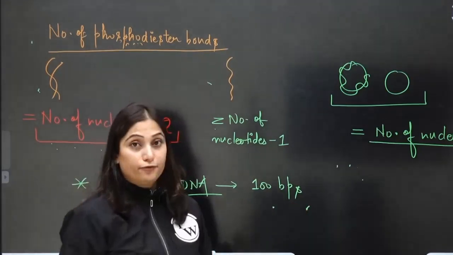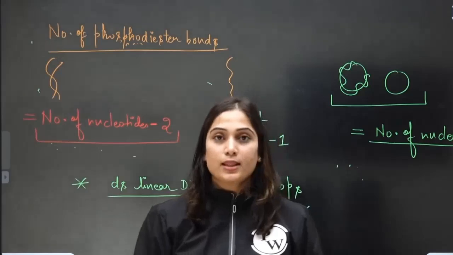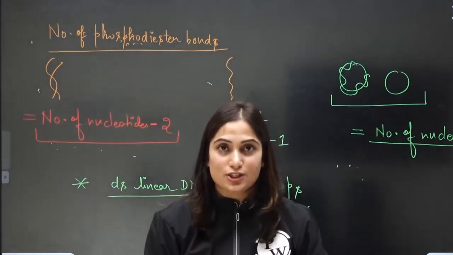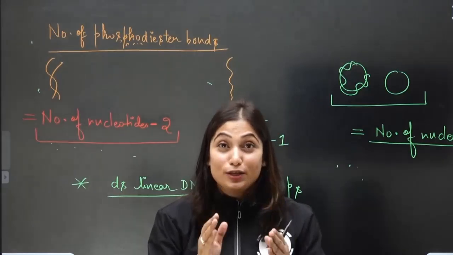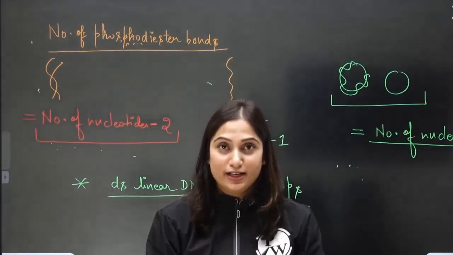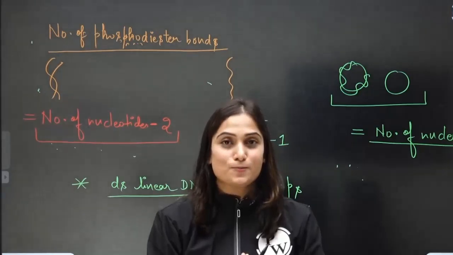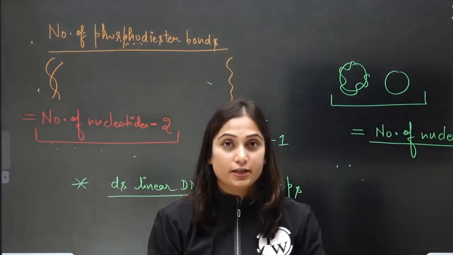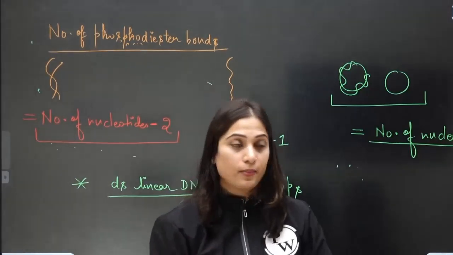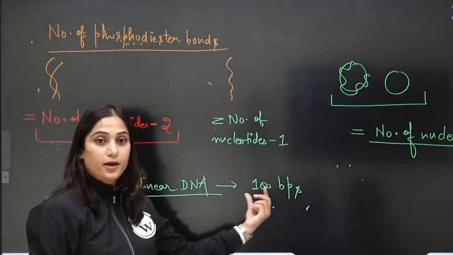One more thing: if we are talking about the double-stranded condition, then the nucleotides would be present in pairs. That means in the double-stranded condition, we would be having base pairs. And in the single-stranded condition, we would be having only nucleotides or bases, no base pairs. So here it is given that there are 100 base pairs.